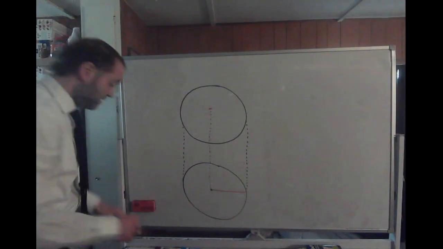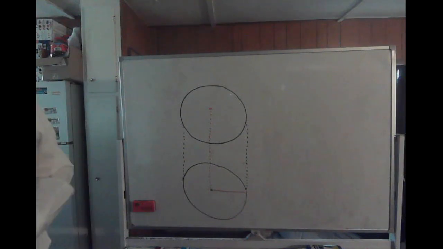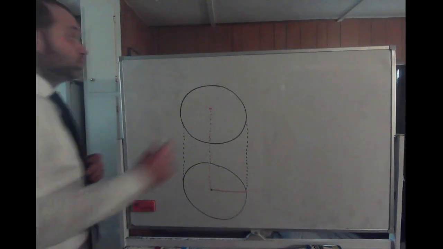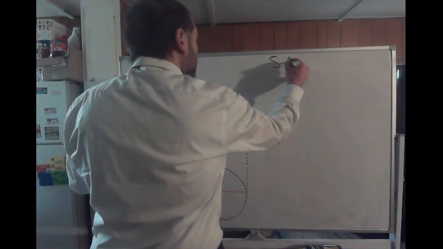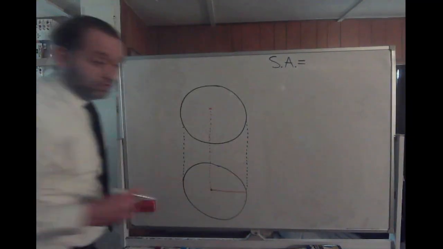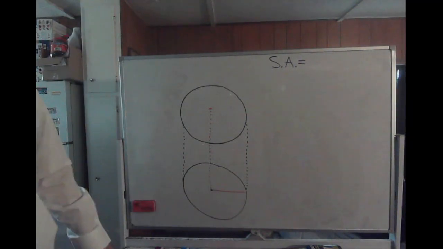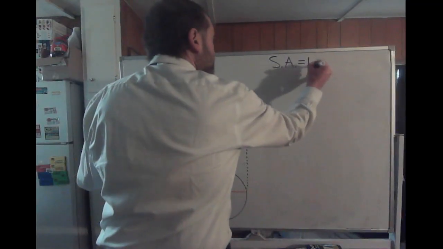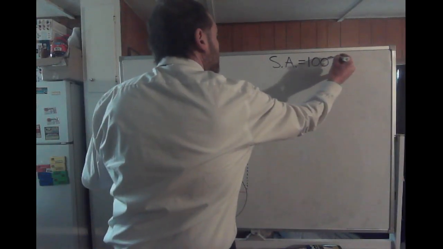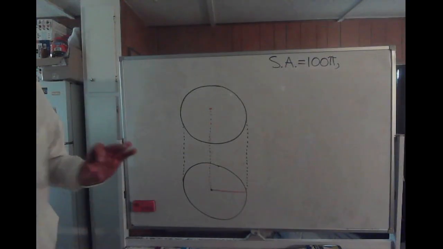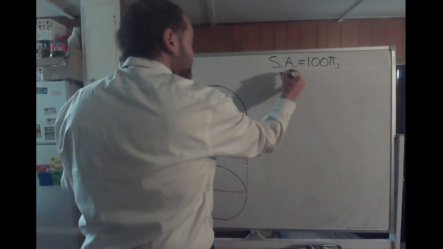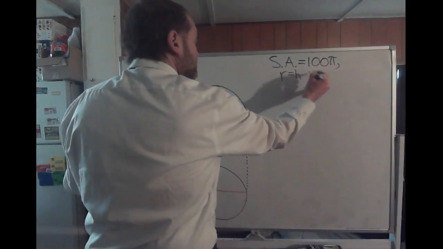All right, this time you're going to be given the surface area equals 100 pi square units. What else are you given? You're also given that the radius equals the height.